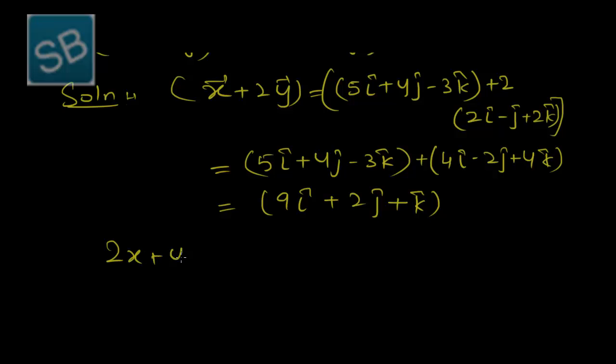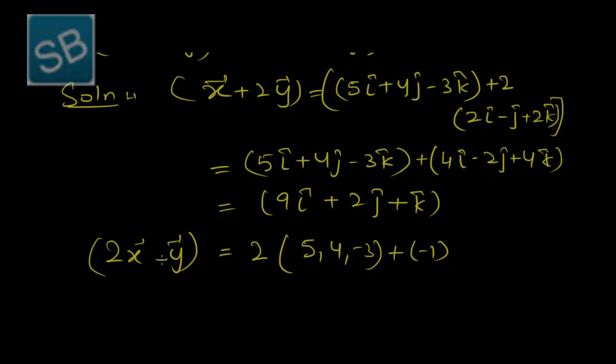And we have to find the 2x minus y vector. Here we have to find 2x minus y, which is 2x plus minus 1 times y, because 2x minus y is 2x plus of minus 1y. So minus 1 times vector y, that is minus 2, 1, minus 2.